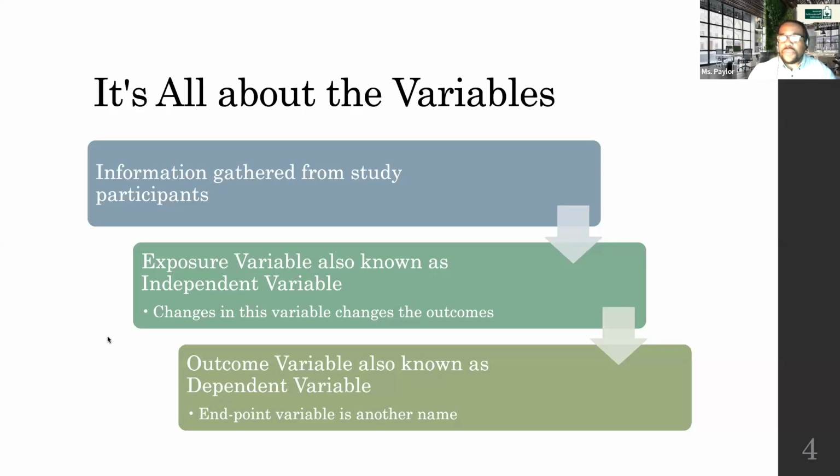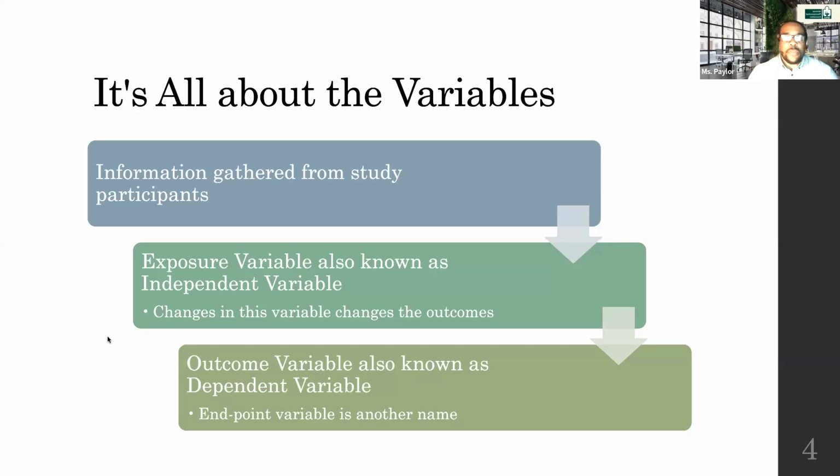There are two major types of variables: our exposure, or independent variable, and our outcome variable, or dependent variable. The independent variable is what is typically going to change and then make changes to the outcomes.